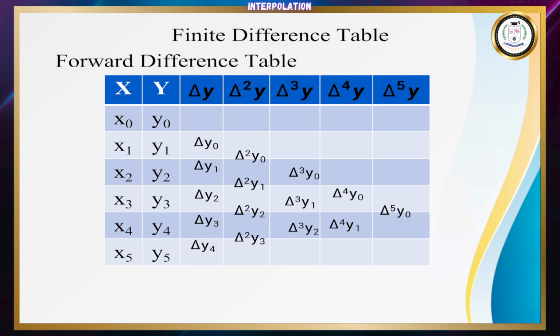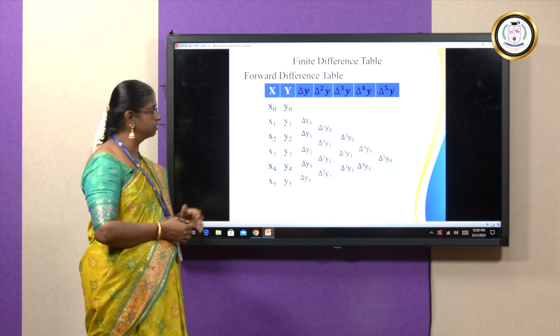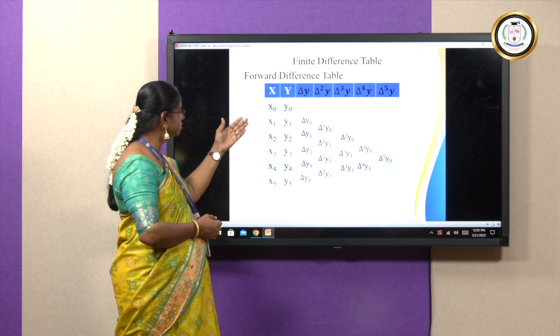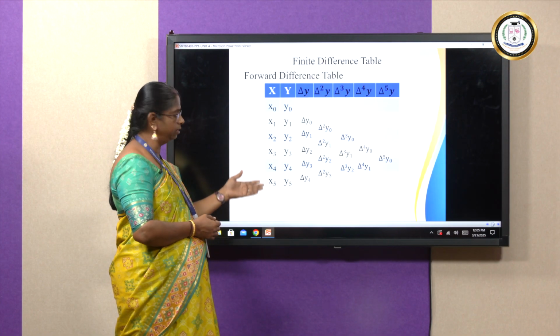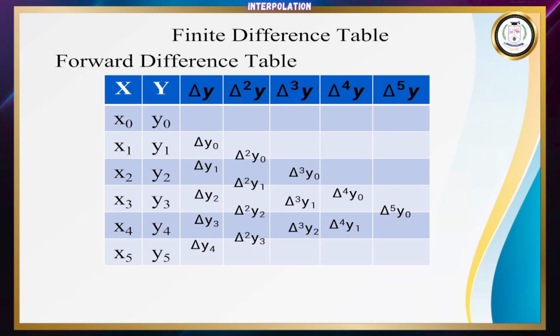So, the first one is the forward difference table. For example, I have taken 6 data points, starting from x0, x1, x2, x3 till x5. The corresponding y values are given here. And now let us find the first difference, second difference, third difference, fourth difference and fifth difference.